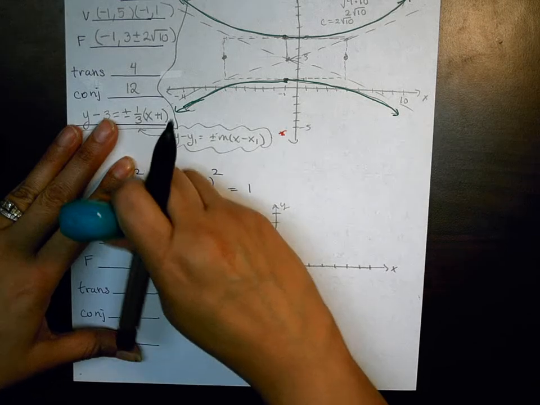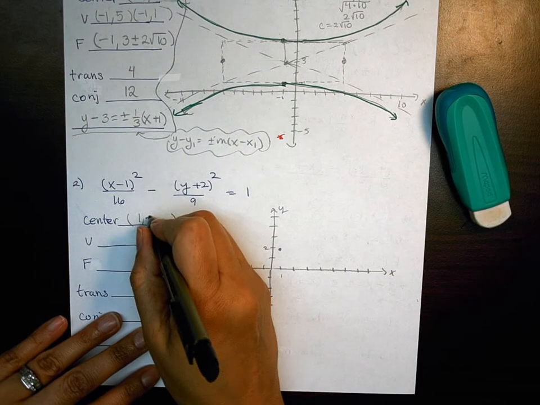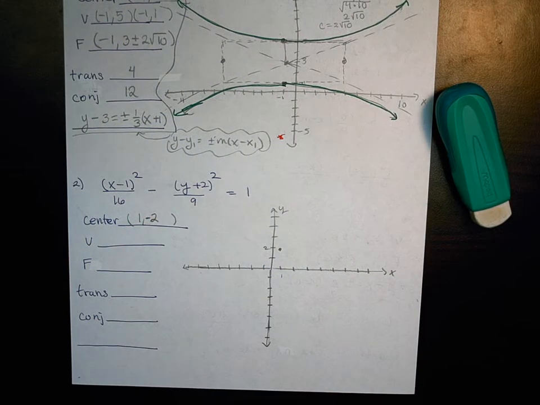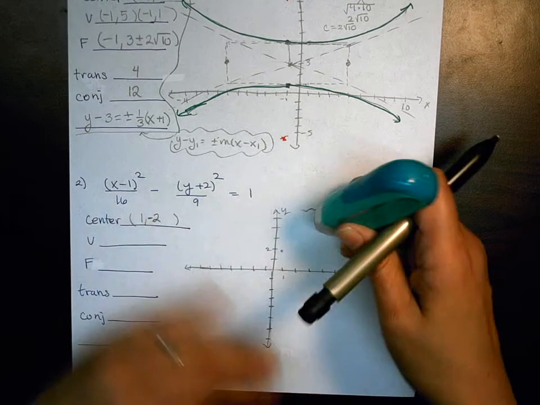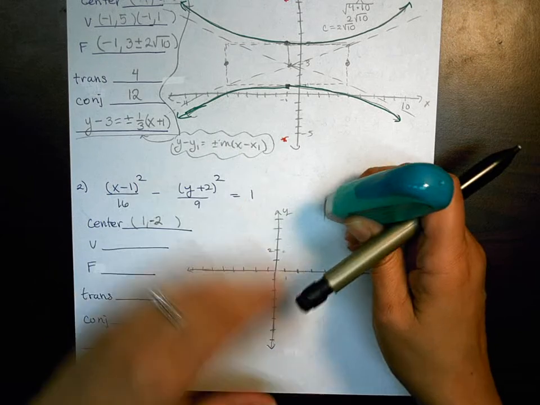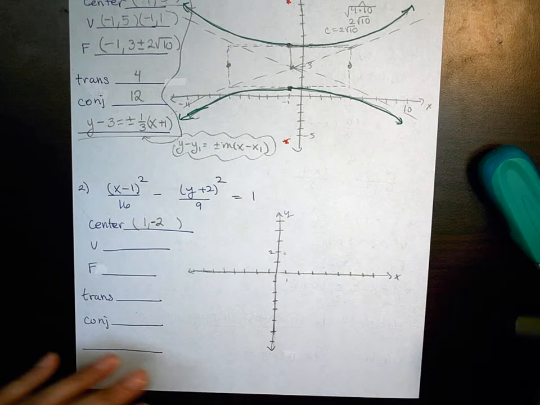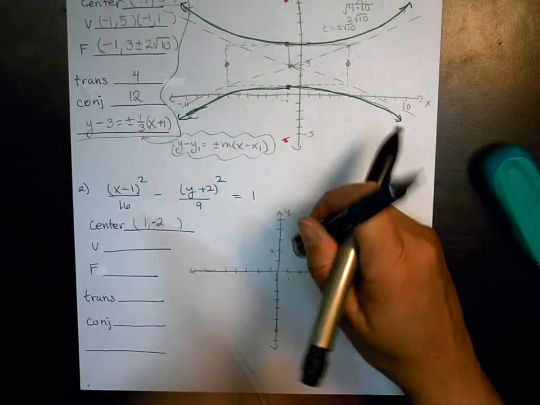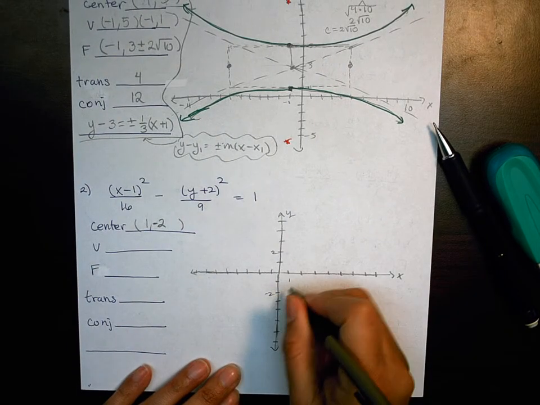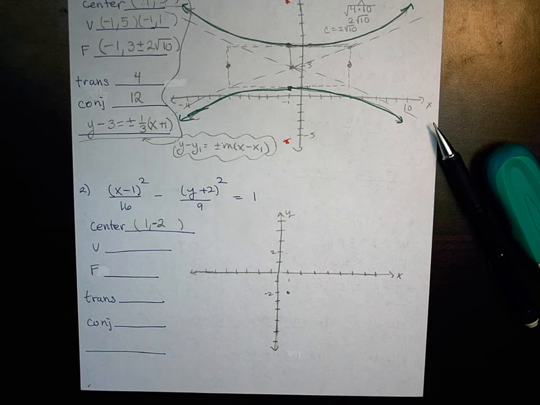That did scare me for a quick second. My graph looked off. Okay, 1, down 2. Everyone agree that it should have been 1, -2? Okay, everybody fixed it? 1, -2.